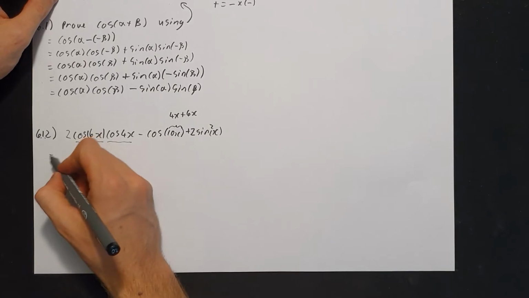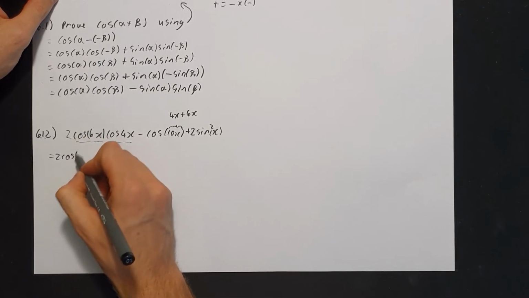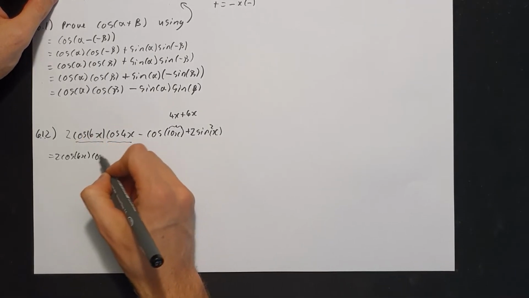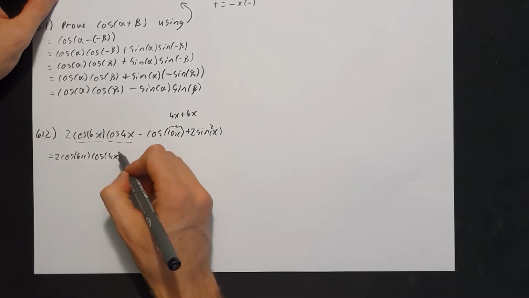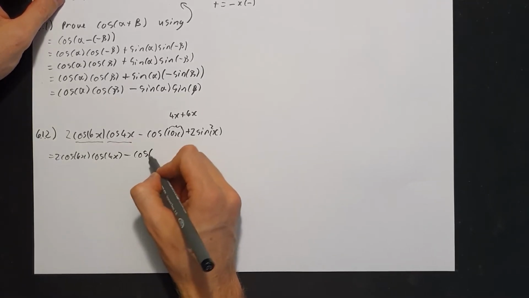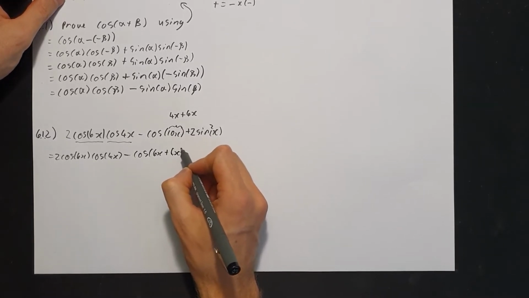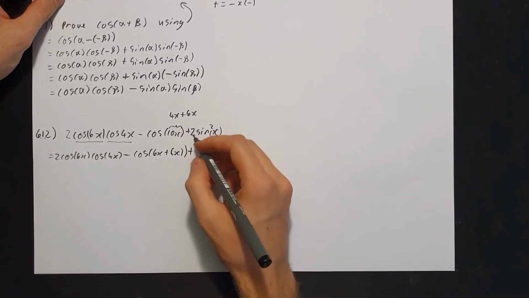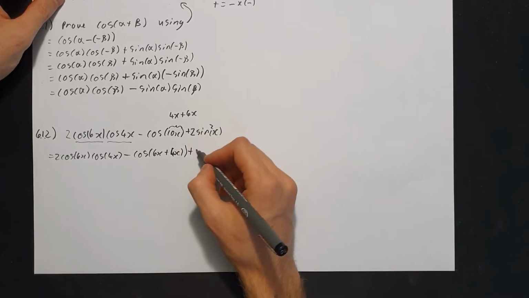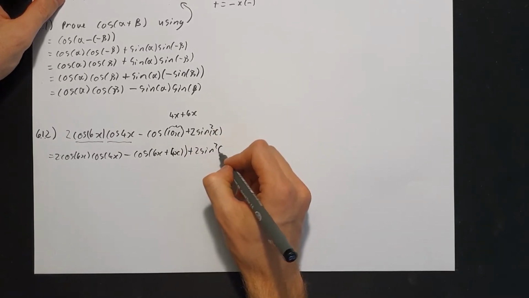So I'm going to write this as 2 cos 6x cos 4x, minus cos of 6x plus 4x, plus 2 sine squared x.